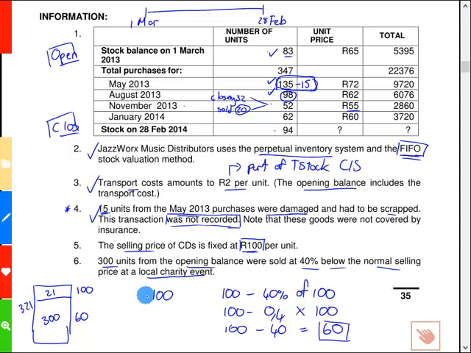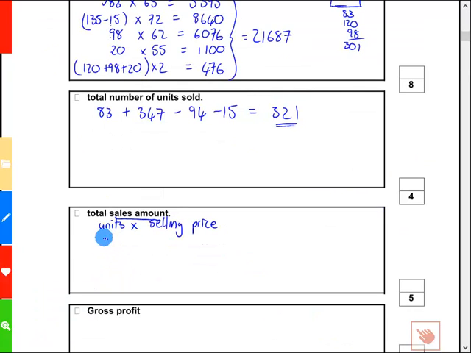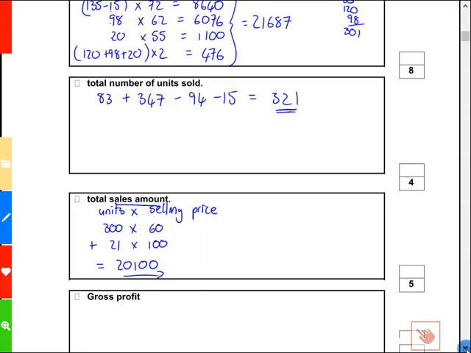And that's how we're going to calculate our sales value. We're going to say 300 units were sold at 60 Rand plus 21 units were sold at 100 Rand. That's going to give us our final answer of 20,100. That's my selling price.